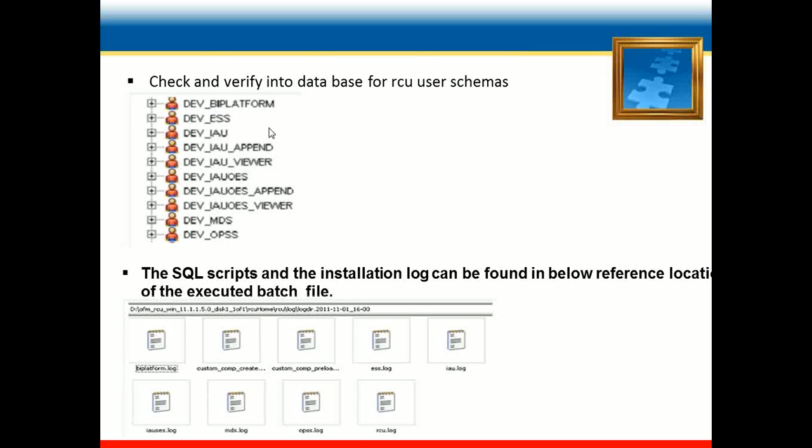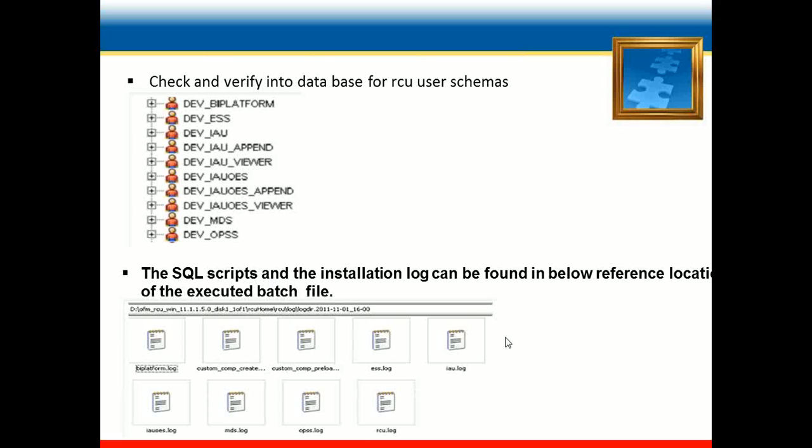There will be a platform as we have created in the RCU schema creation procedure. So we can check it in the databases. Whatever schemas we have created, we can check in the databases.